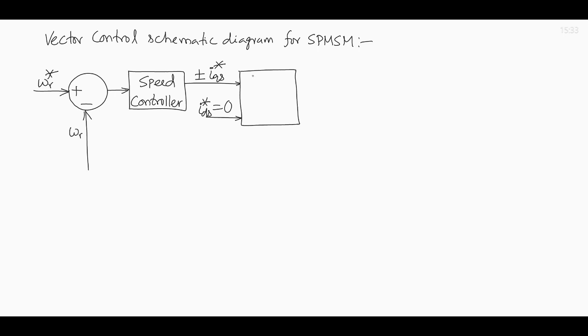So, this is the block vector rotation and 2-phase to 3-phase, and this block is feeding the inverter.